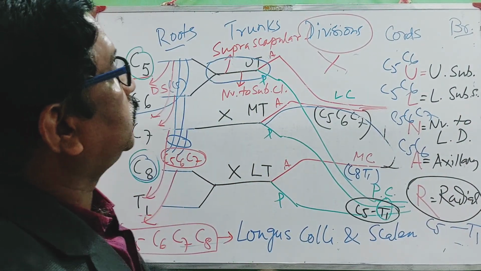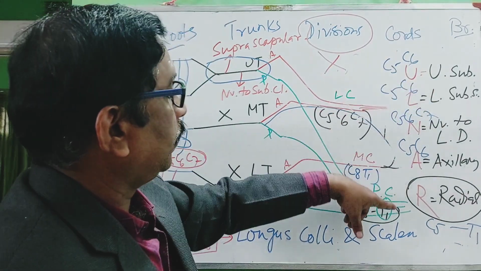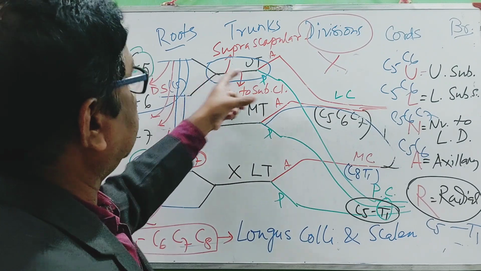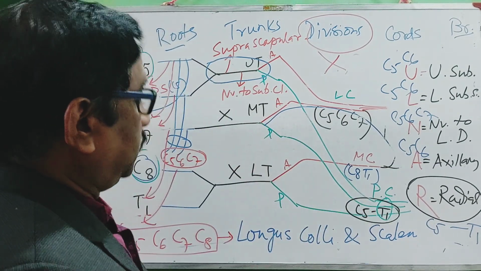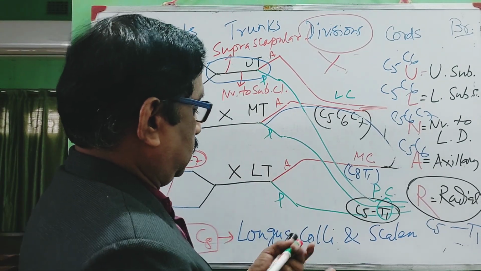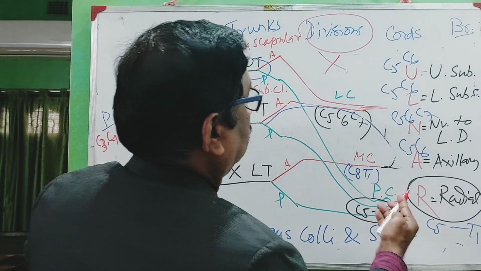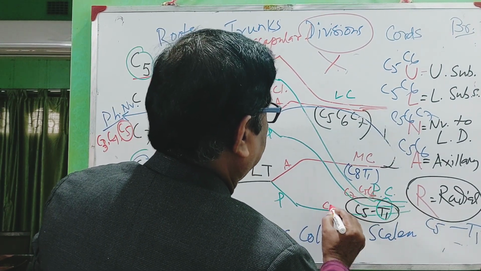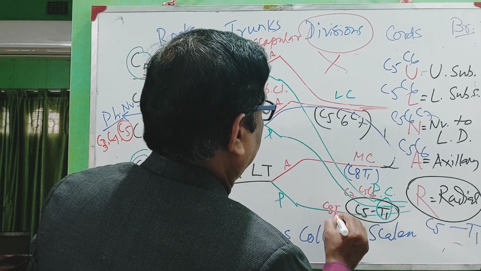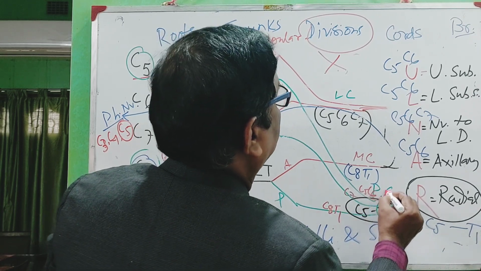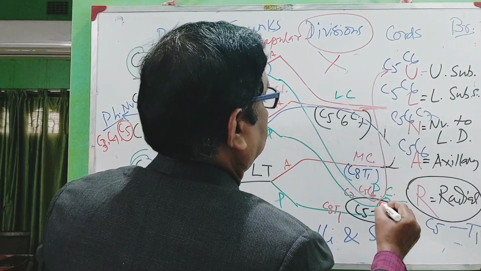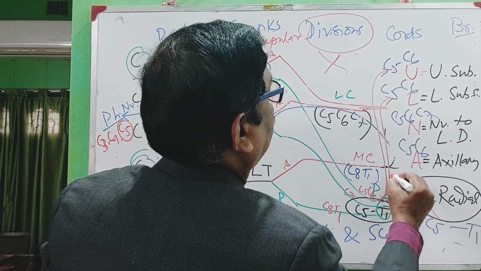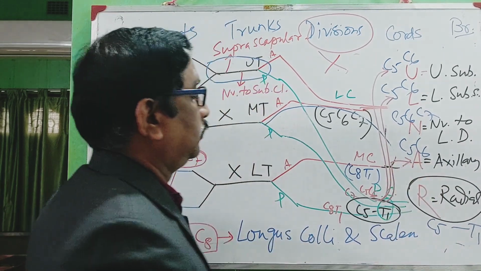That means when these nerves come from the posterior cord, they get fibers from C5 and C6 only. This green fiber has C5 and C6, this fiber C7, this fiber C8 and T1. So this fiber particularly goes to supply the lower subscapular and also the axillary nerve, this way.